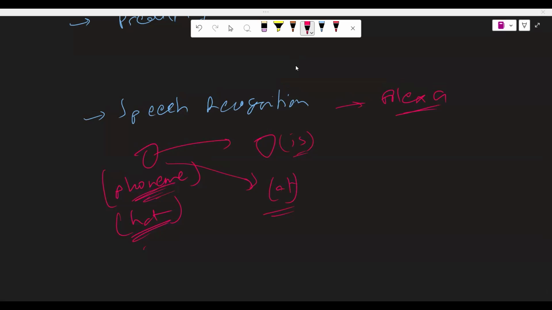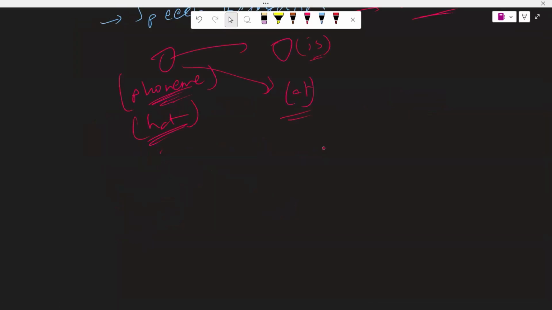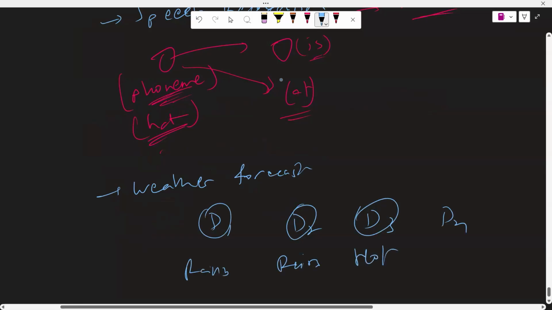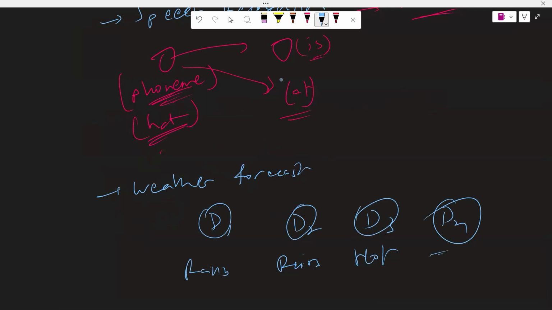You can use this even in weather forecasting. Given your recent days, like day one, day two, day three, day four, and so on, given that the respective weather has been so and so, like this was rainy, this was rainy, this was hot, what could be the weather over here?